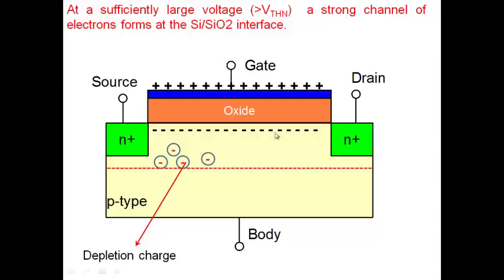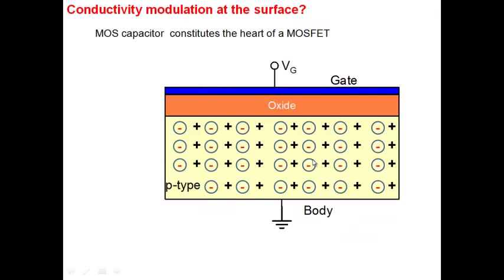Initially, between the source and the drain, there's only a P region. It's like back-to-back diodes, very little current. You apply more and more positive bias here, you deplete the surface, you create more and more electrons. Eventually, a stage is reached where you have a strong channel and current starts to flow, right? And you create a sheet of electrons here, which we call the inversion layer.